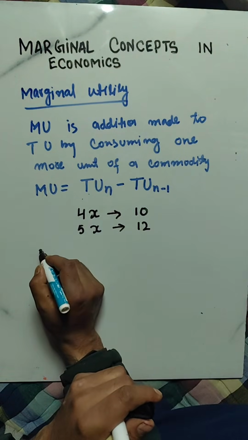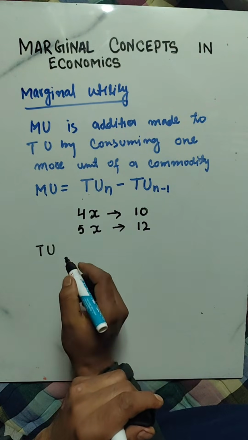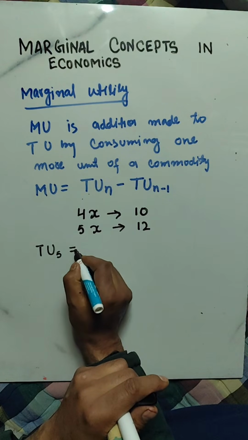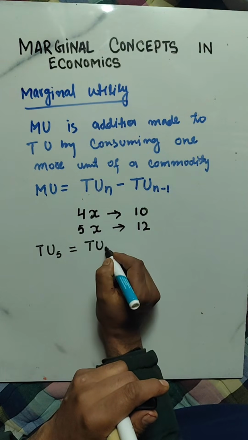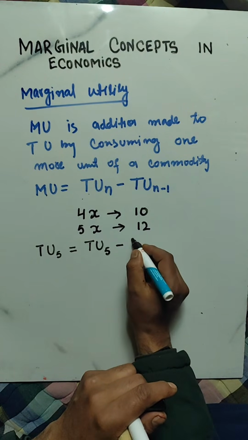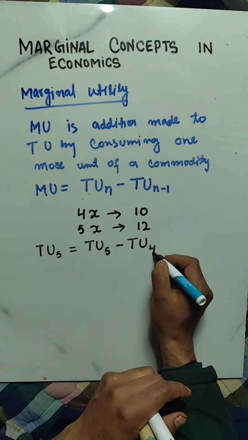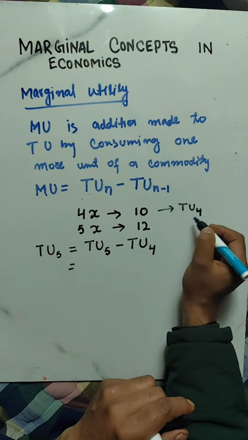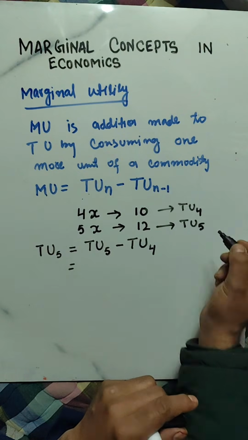Then we can say the marginal utility derived by consuming the fifth unit of good X will be equal to the total utility derived by consuming 5 units of good X minus the total utility derived by consuming 4 units. So this is the total utility when we consume 4 units of good X, and this is the total utility when we consume 5 units of good X.